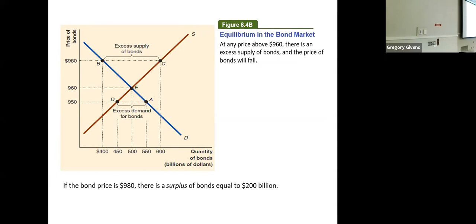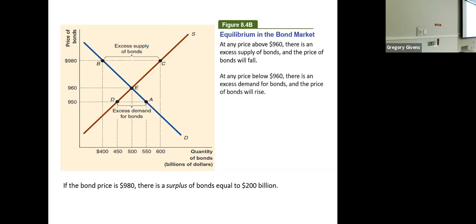So we have a surplus of bonds in this particular market. We're going to have sellers unable to find bond buyers. In that situation, in a perfectly competitive environment, sellers are going to start to bid down the price of bonds as we approach the equilibrium, okay?